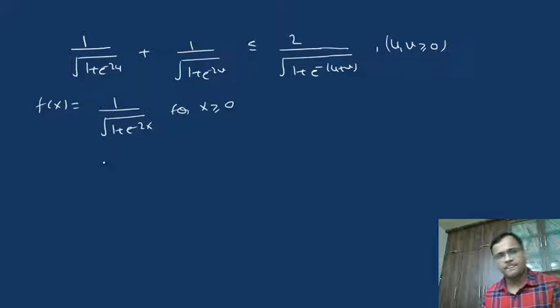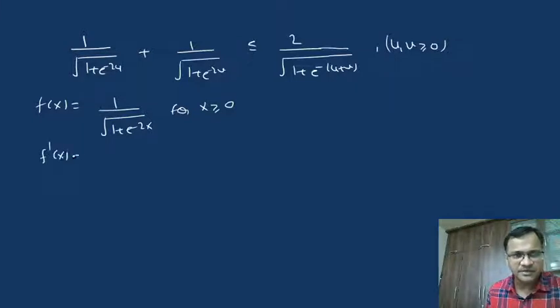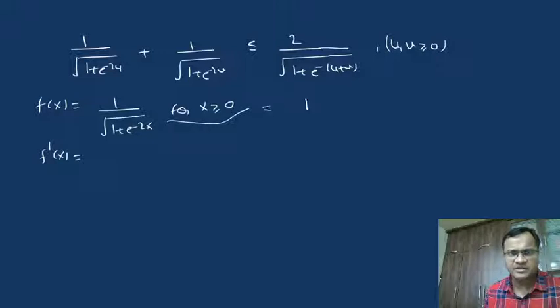Okay, now I am going to check the concavity of this function, whether this function is convex or concave. So it is required to find the second derivative. So applying some calculus here, f dash x is what? Actually, we can write this function as (1 plus e raised to the power minus 2x) whole raised to the power minus half.